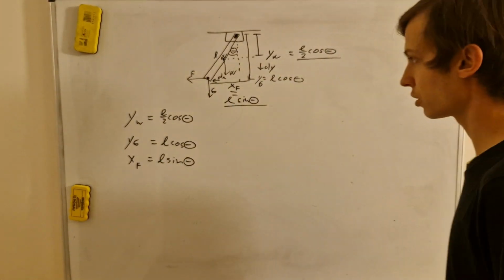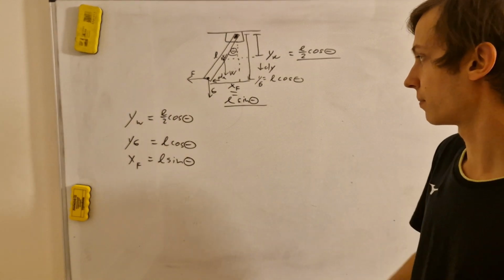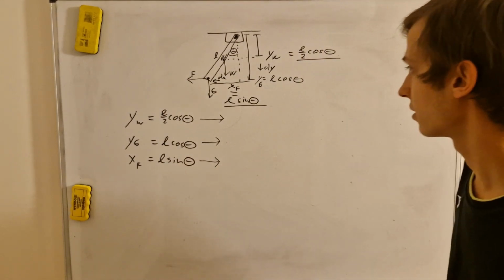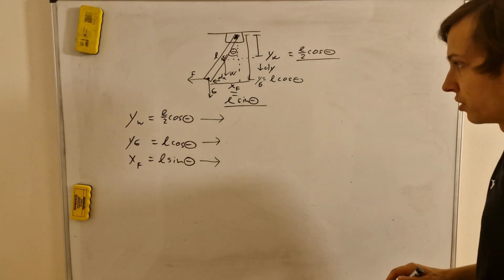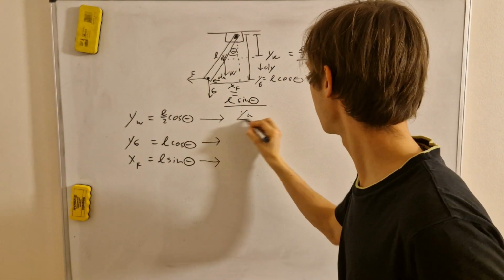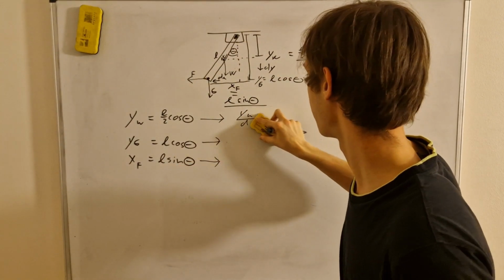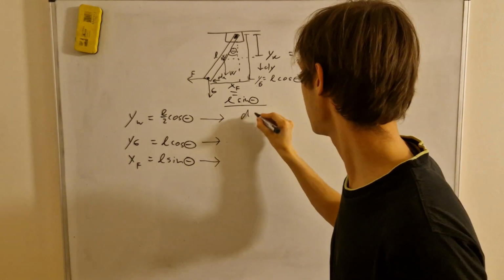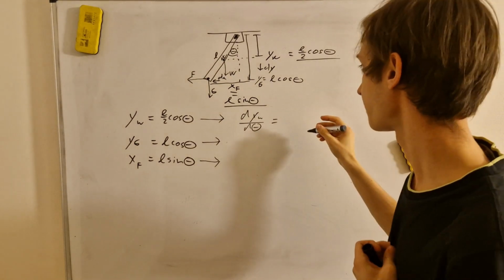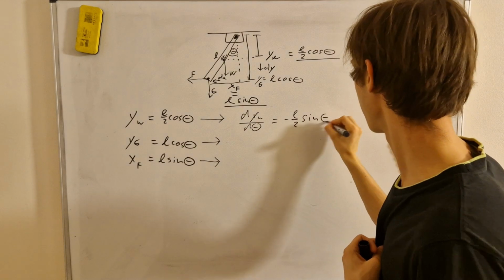And the way I take a differential is by differentiating both sides in respect to theta. So, you might end up rewriting this a few times more because there's going to be some calculations involved. In any case, in respect to theta, I have y sub w, well, basically, dy sub w over d theta is minus L over 2 sine theta.